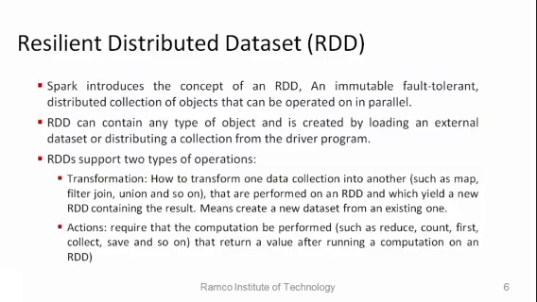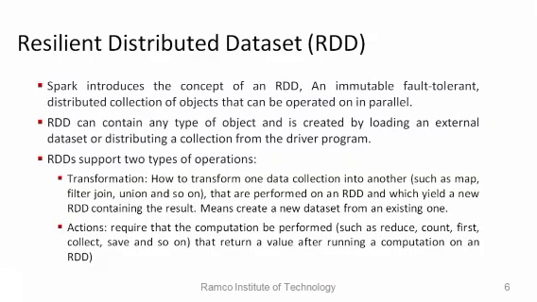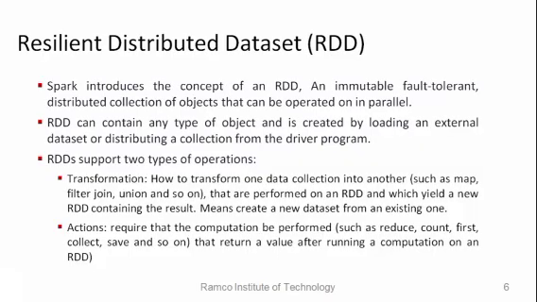First one is transformation, how to transform one data collection into another, such as map, filter, join, union, and so on, that are performed on an RDD and which yield a new RDD containing the result, meaning create a new dataset from an existing one. And another operation is actions, which require that the computation be performed, such as reduce, count, first, collect, save, and so on, that return a value after running a computation on an RDD.